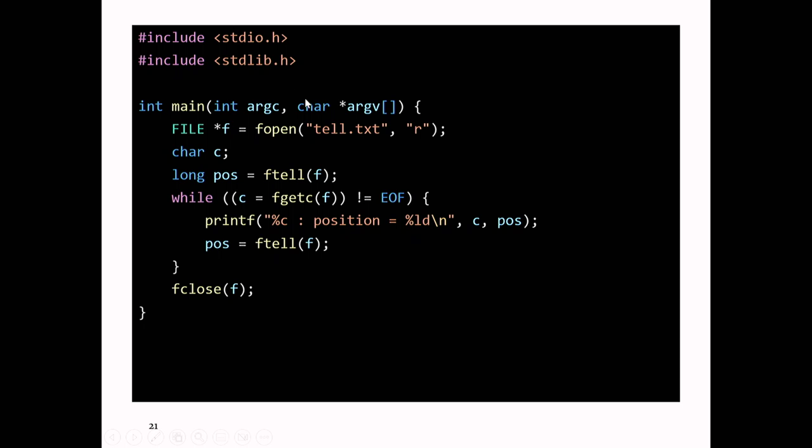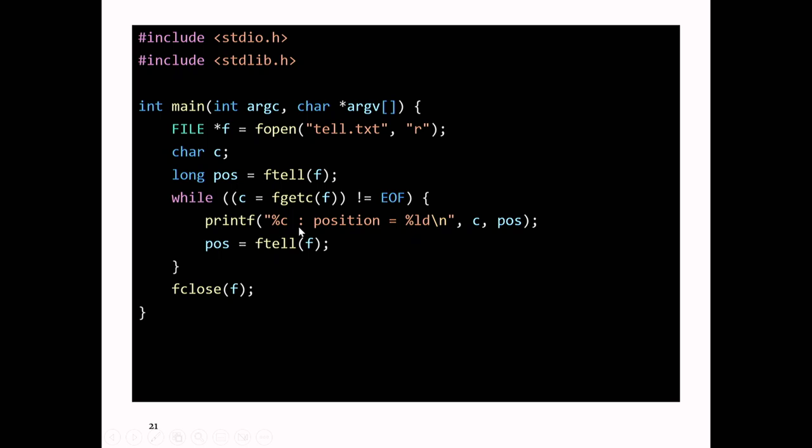And here's a little program that uses ftell to give you the position. So we're going to open up the file for read access. I'm going to call ftell to get the current file position, so that's pos. I'm going to use fgetc to read in 1 character at a time.